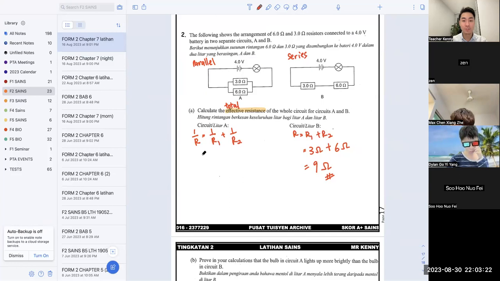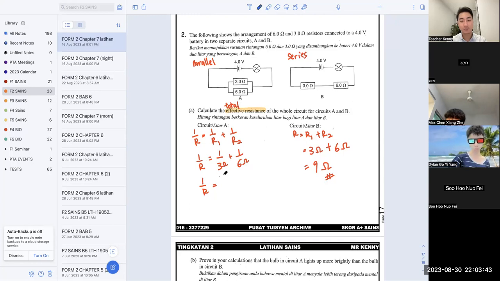One over 2 ohm, okay, let's see. 1 over R, we're supposed to find this, right? Equals 1 over 3, agree, plus 1 over 6, agree? 1 over 3 plus 1 over 6 is how much?